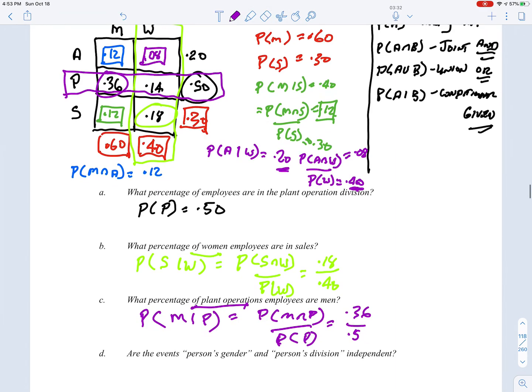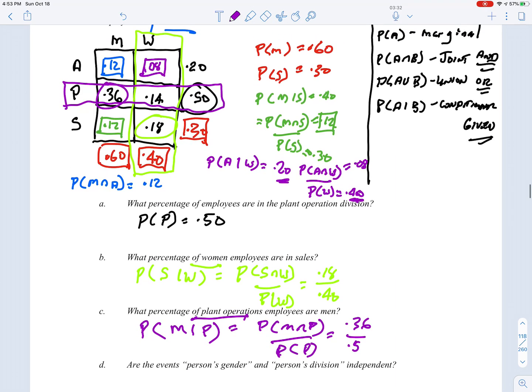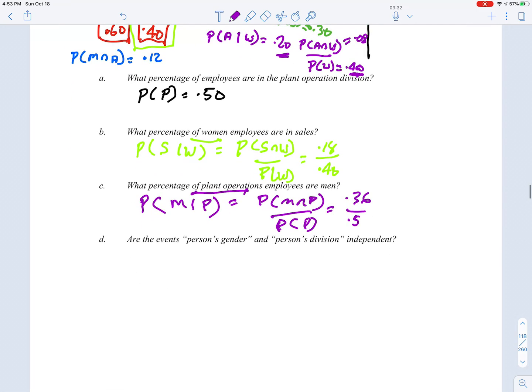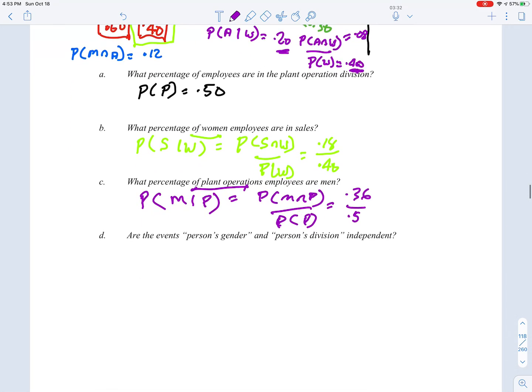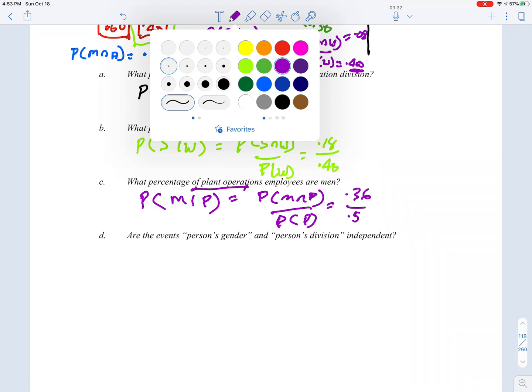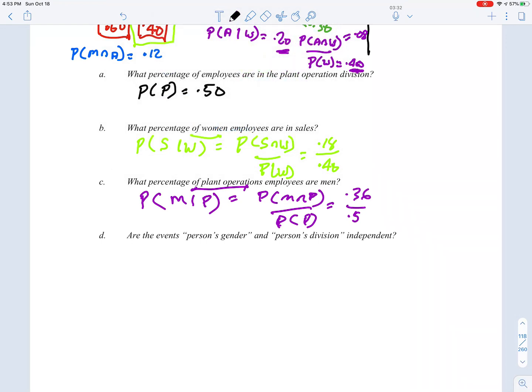All right, the last part here are these two events, gender and the person's division, independent of each other? So what I'm going to do is I'm going to make up a little table. And I'm just going to put down the marginals that we've determined.